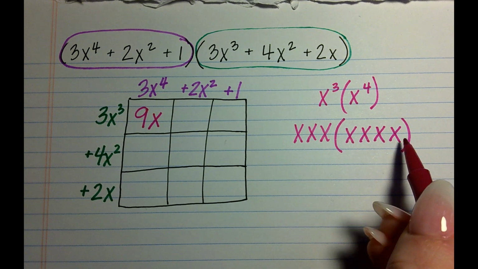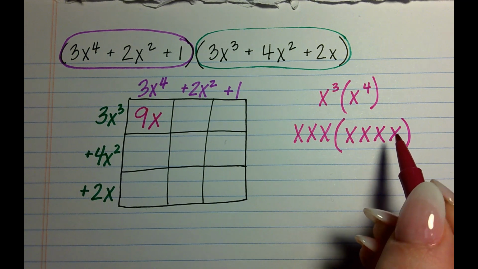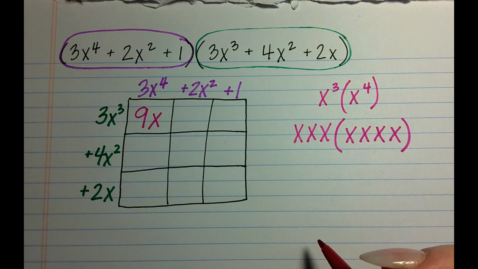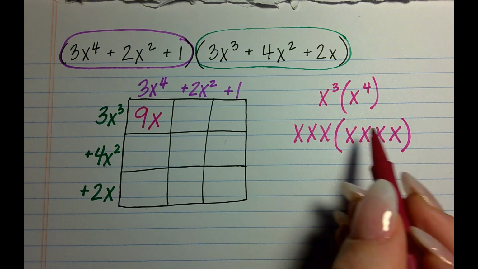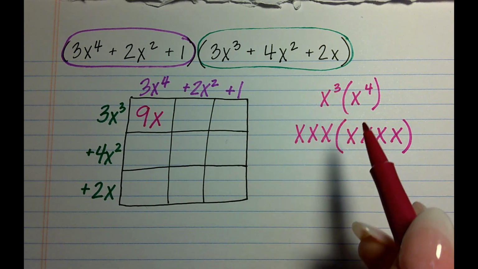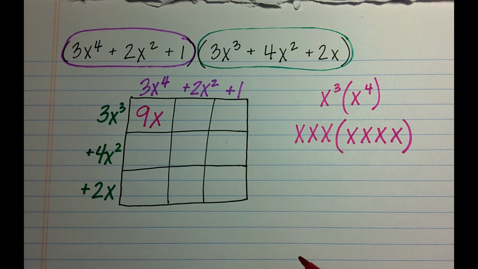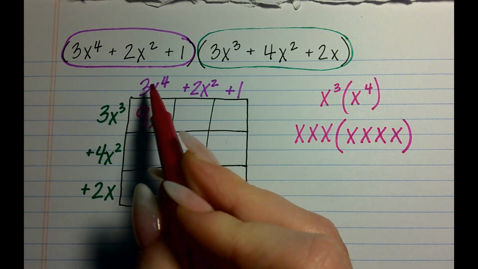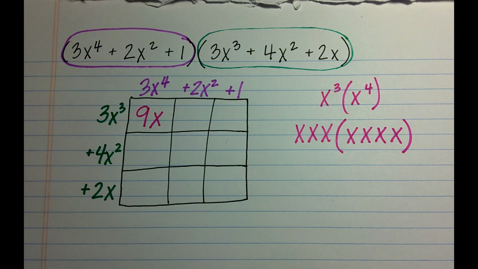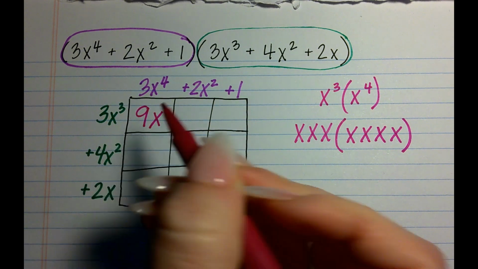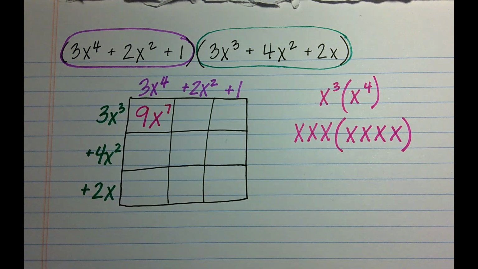Now we can see how many times I'm multiplying x all together. If I counted them, there'd be 7. So remember, with exponents, we add the numbers to multiply them, but our coefficients we multiply like normal. So it will be 9x to the 7th power.